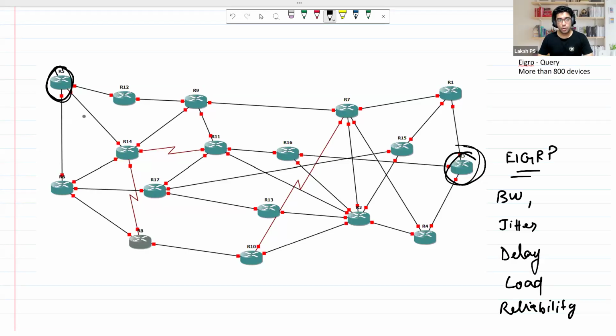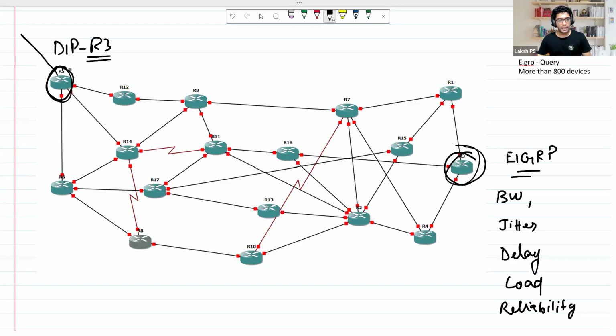Now, not just R5 and R3 are going to use this. Every router in this network is going to use these 5 parameters to find the best path to forward the data. Now, when a particular data comes, let's say the destination IP is R3, right?